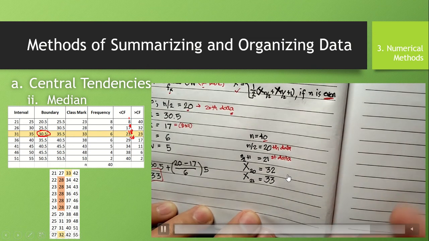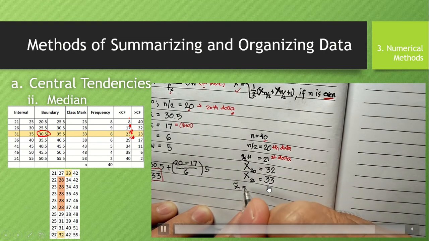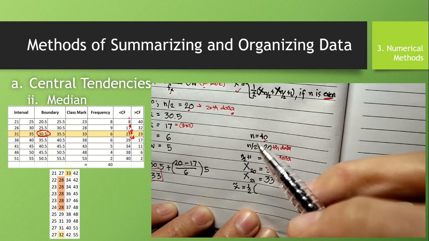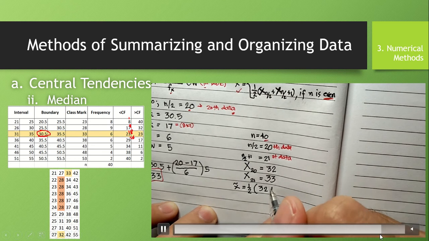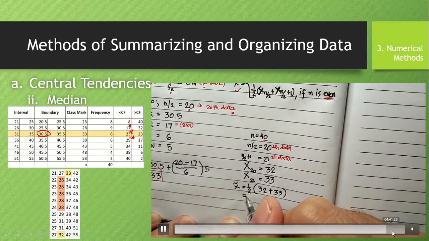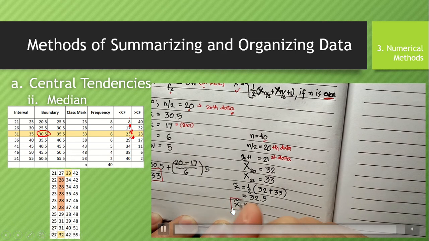Okay, then after that we will get the average. Now we will divide x sub 20 and x sub 21 by 2. So that's 32 plus 33 divided by 2, and we'll get 32.5, approximately 33.